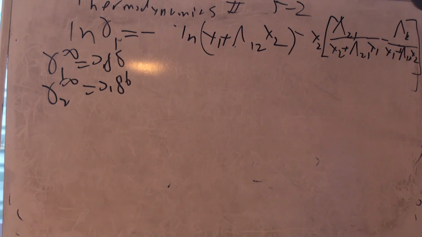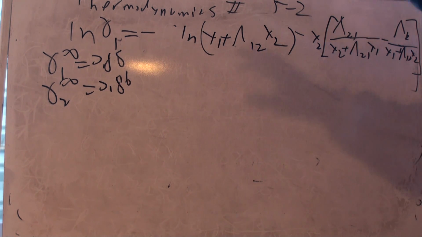We can delve into what those mean later, but essentially they mean that, at least at infinite dilution, at that concentration, the 1s like the 2s better than they like themselves. Same thing with the 2s. The 2s like the 1s better than they like themselves, because it's less than 1.